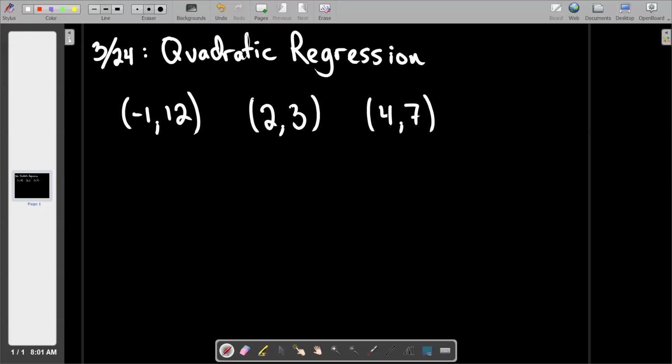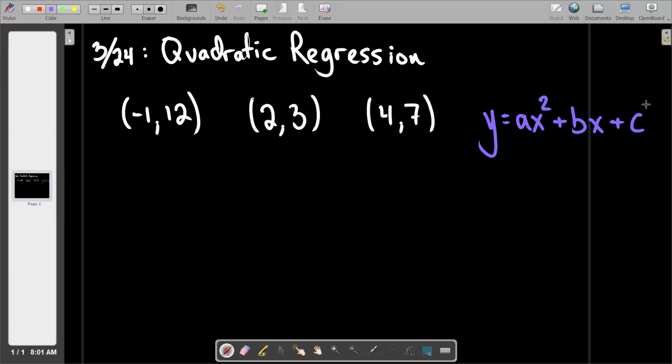The big crux of this is that when you start each problem, you want to write down this equation. And it's not like you've never seen this before. This is just the general form of a quadratic in standard form. And what we're going to do is hit that equation 3 different times.